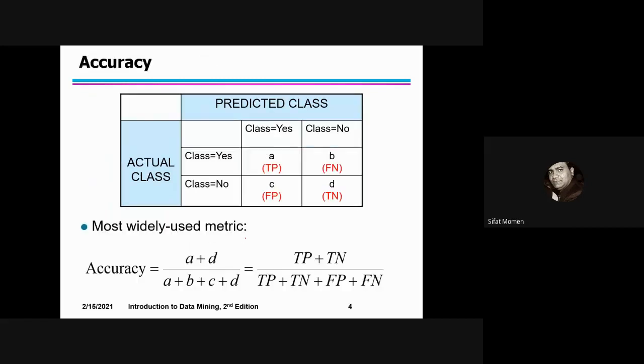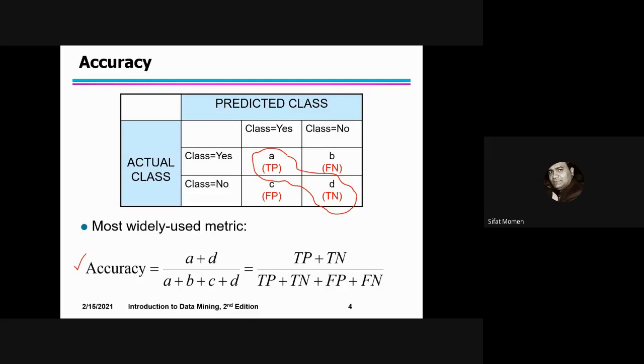Okay, are we good? So if we want to find out accuracy, that's the one we were measuring so far. Accuracy means how many we have classified correctly, right? So we have altogether A, B, C, and D instances. The total number of instances is A plus B plus C plus D, that means TP plus FN plus FP plus TN. Out of this total, the true positives and true negatives are the correctly classified instances, where the actual and model predictions were correct.